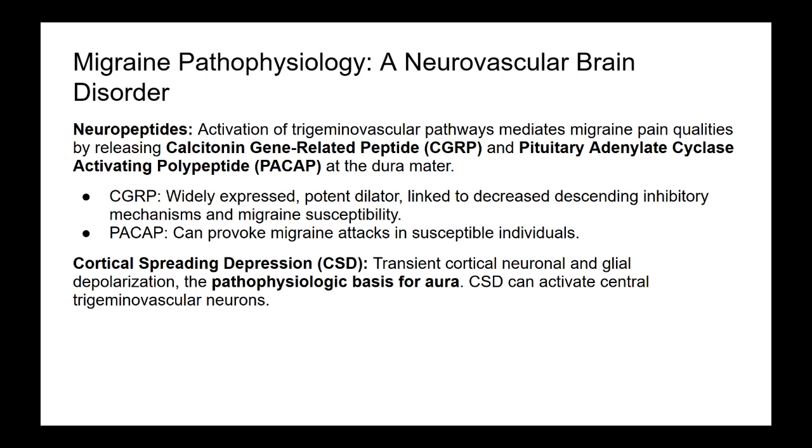Its elevation in migraineurs has been linked to a decrease in descending inhibitory mechanisms, which in turn might lead to migraine susceptibility through sensitization of multiple central neuronal circuits. Pituitary adenylate cyclase activating polypeptide can also provoke migraine attacks in susceptible persons, suggesting a causative role.